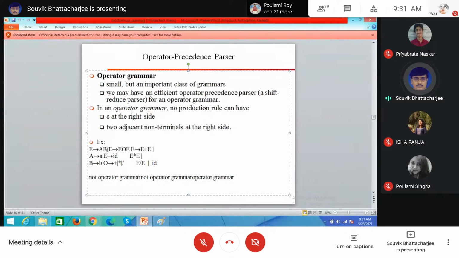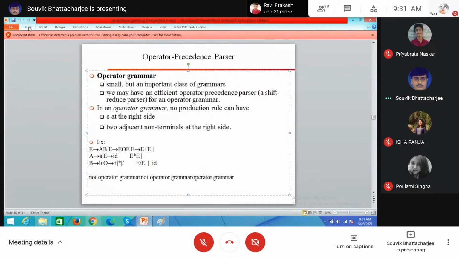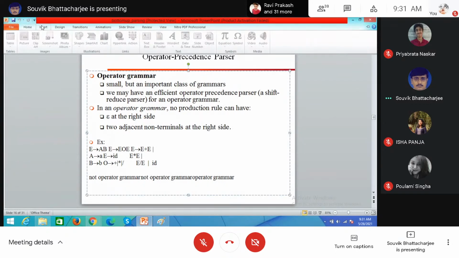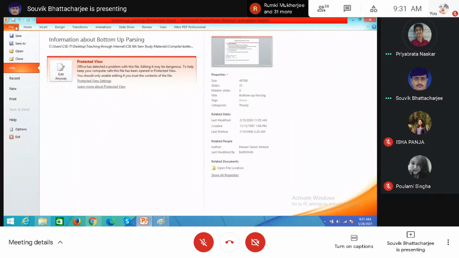There are three grammars there. Can you please open this in administrator mode? It may help also. Opening this file in administrator mode.